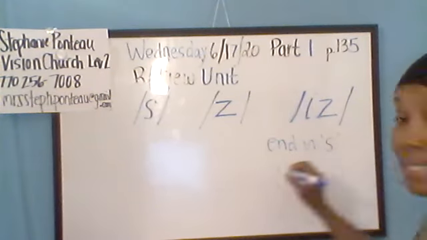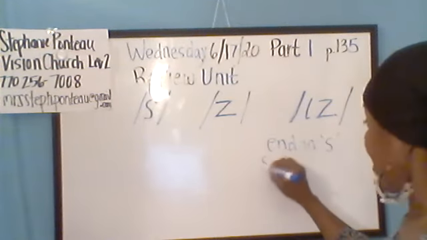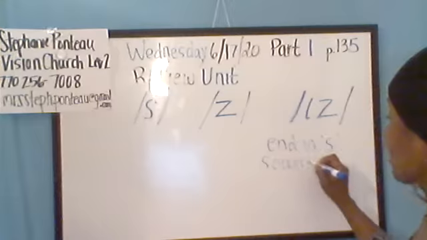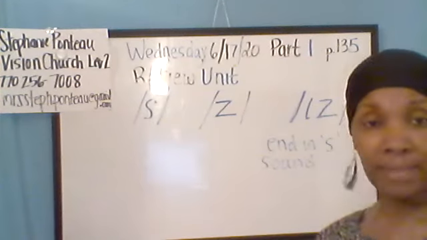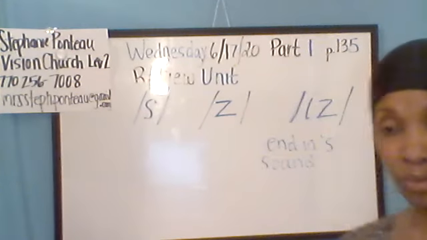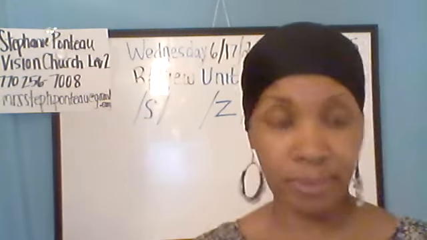It might not be an S, but it has the S sound. And we'll go over some example words and you'll see how these rules apply. And my Sharpie, once again, is not writing properly.